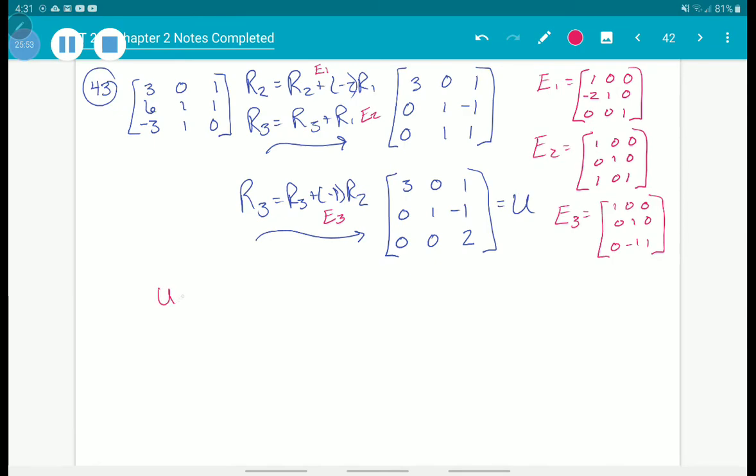So U can be written as E3 times E2 times E1 times matrix A, which means A is equal to E1 inverse times E2 inverse times E3 inverse times U. So E1 inverse is this matrix.